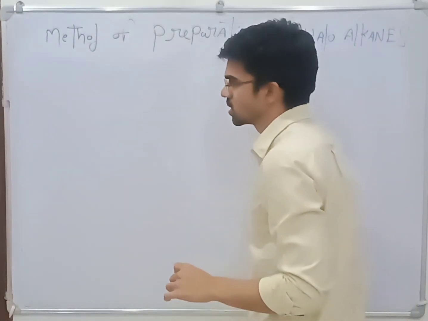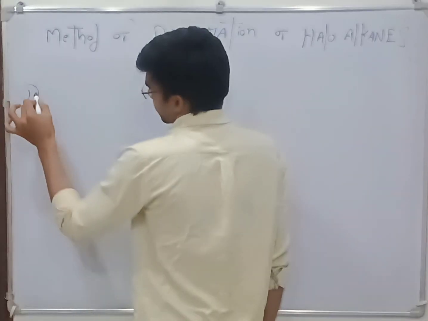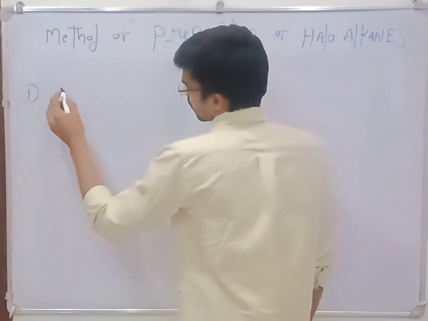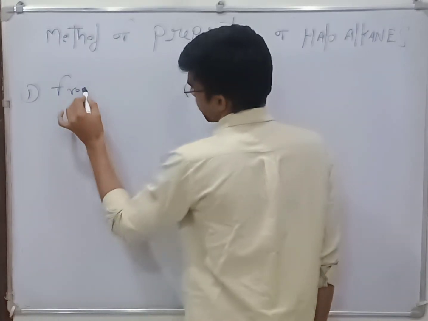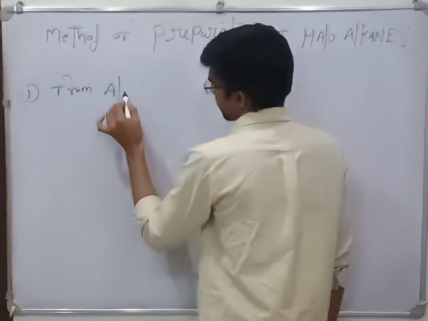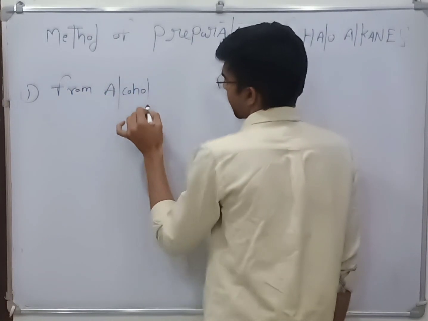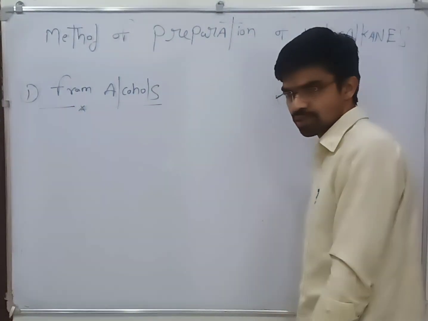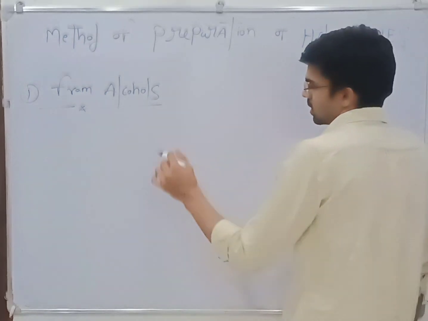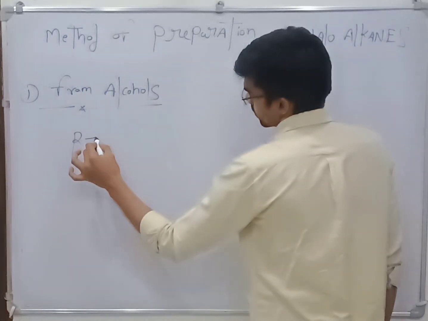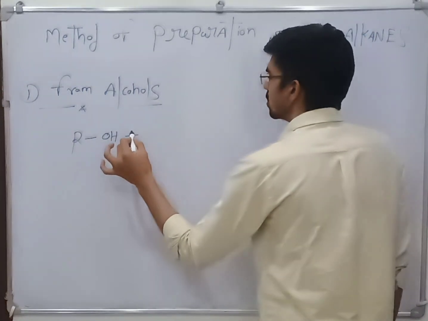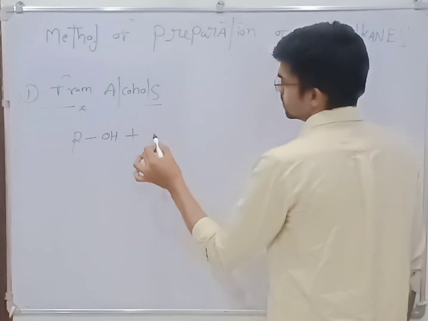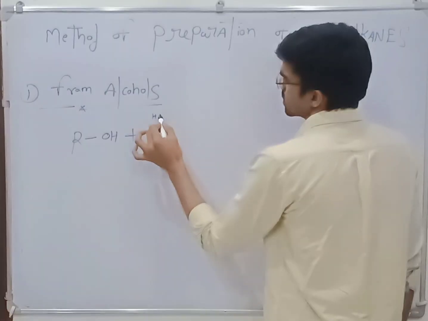Okay, methods of preparation. So first we will prepare the haloalkane from alcohols. We will react the alcohols, ROH, with halogen acid. Halogen acid means HX.